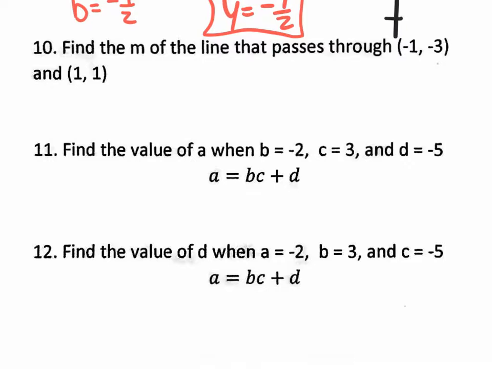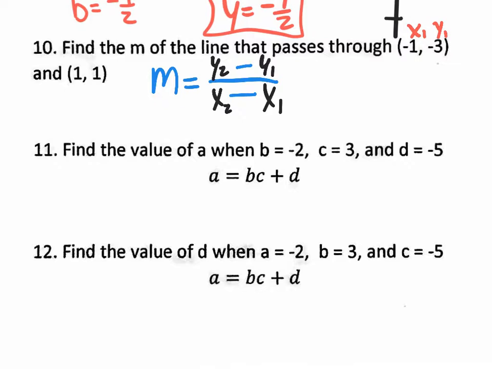Number 10, find the m of the line that passes through -1, -3, and 1, 1. Once again, that's a slope formula. There's the equation. We have 2 points. Let's label the first point x1, y1, representing the first point. Let's label the second one x2, y2. And now let's plug it into our formula by doing the division and the subtractions first.